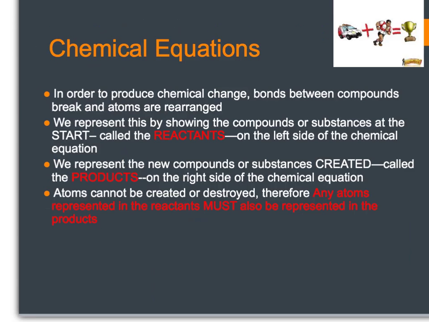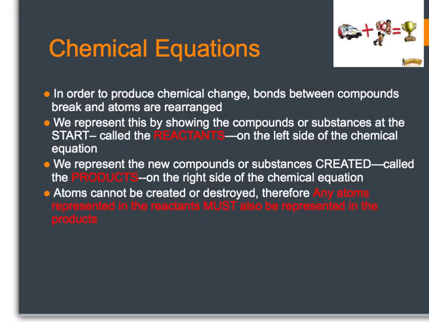So when we are representing chemical reactions or chemical equations, we have to remember that in order to show chemical change, or in order to represent that a chemical has become something new, we have to break the associations or the bonds between compounds and rearrange their individual atoms.